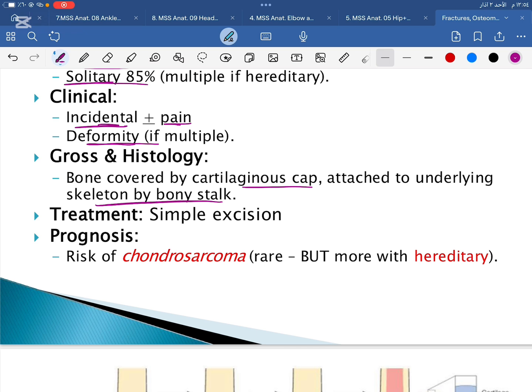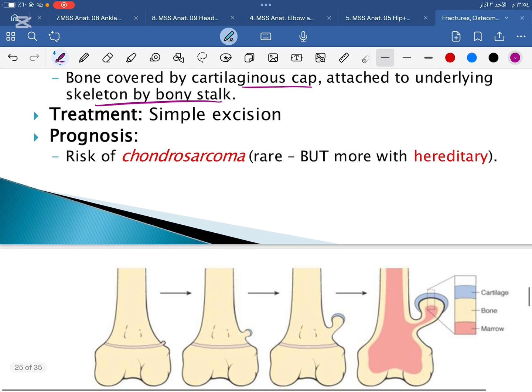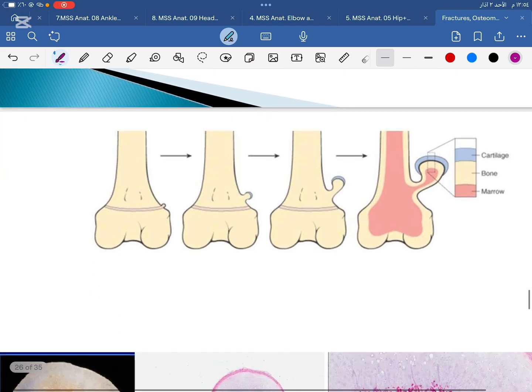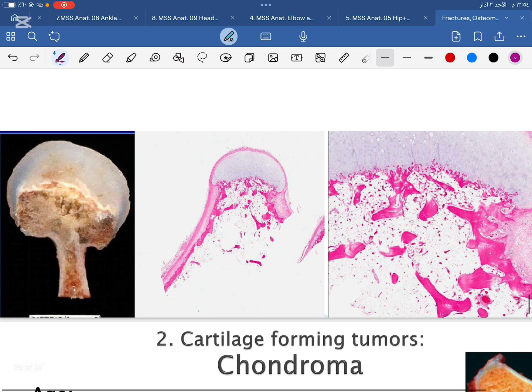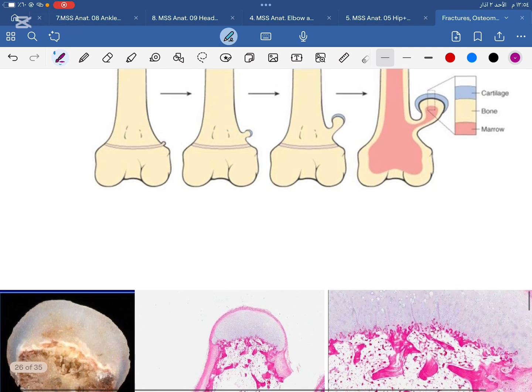Okay, mushroom-like with a cartilaginous cap and a bony stalk attaching to the underlying bone. And it has bone marrow elements, okay? Cartilage, bone, and bone marrow elements. The most common sites, as we said, are the metaphysis of long bones.